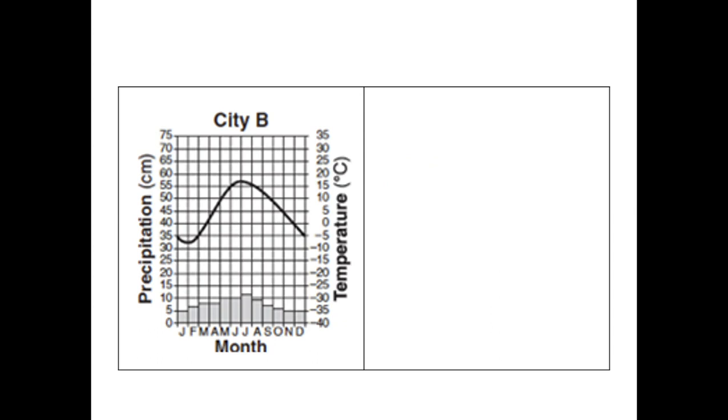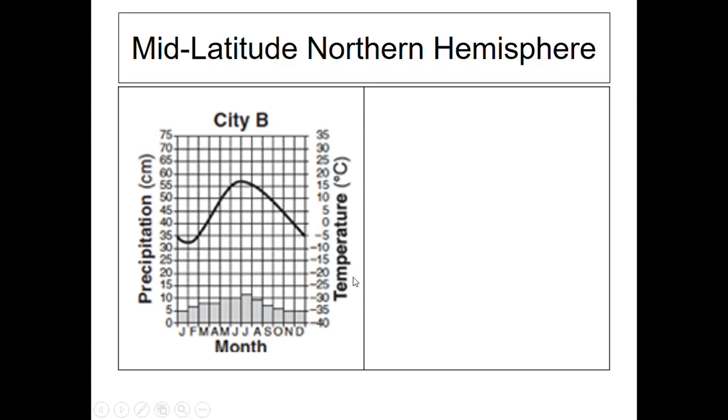City B, look at this place. Now this clearly has a larger temperature range going from -8 or so all the way up to about maybe 16 or 17 degrees Celsius. So that's a fairly large range, not near the equator. All right. This is typically a graph you would see for a place like New York or any other place in a mid-latitude location somewhere in the northern hemisphere, right?